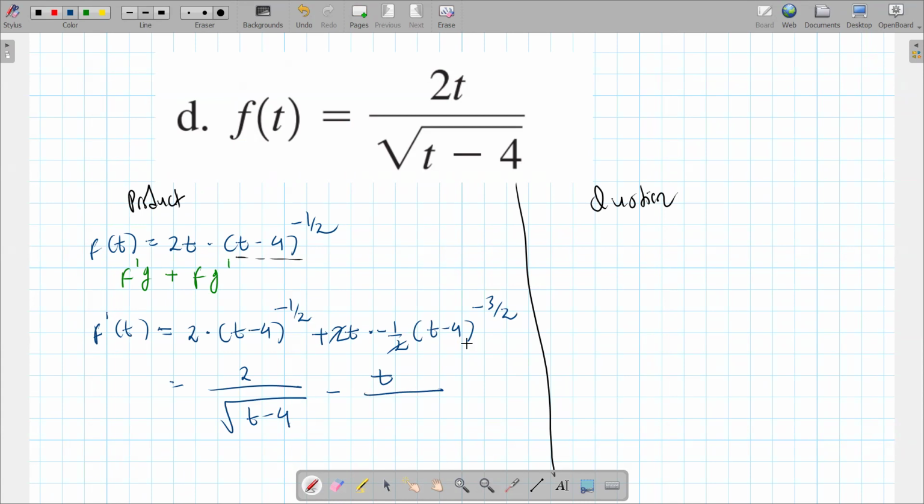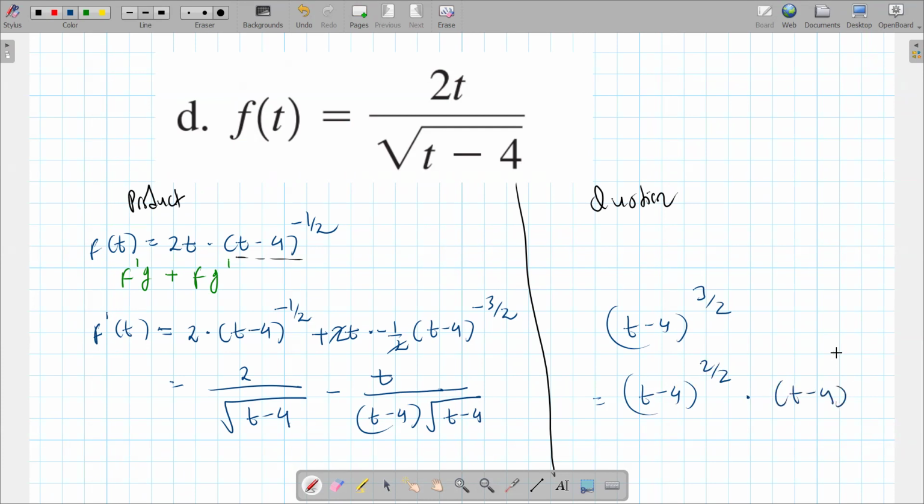And in the denominator, we have t minus 4 to the power of 3 over 2, which means t minus 4 to the power of 2 over 2 times t minus 4 to the power of 1 over 2. When you multiply, you add the exponents, and 2 over 2 is a 1. You get this.